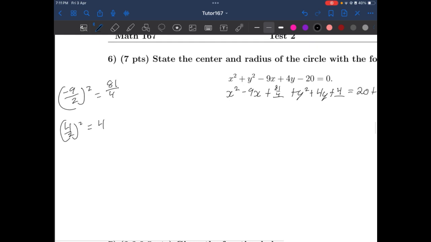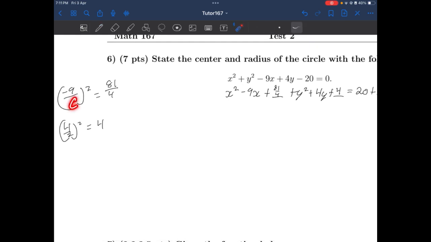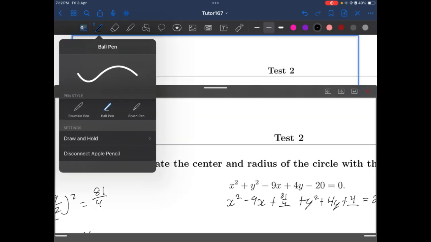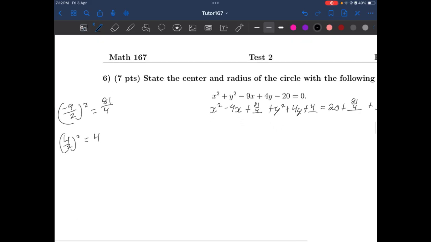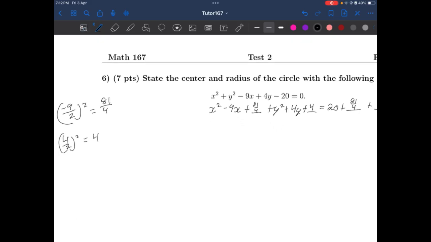Right? So now, you see the value you got before you squared it? We're going to put that into our next formula. So we're going to put x minus 9 over 2 squared plus y plus 2 squared. I got the 2 because 4 divided by 2 is 2.